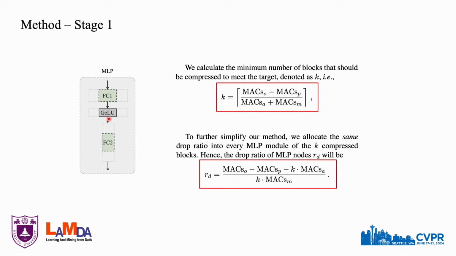Given a particular target compression ratio, we calculate the minimum number of blocks that should be compressed, denoted as K. We can also calculate the drop ratio of MLP nodes of corresponding blocks, denoted as R_K. We change the dimensionality of the intermediate result from 4D to 4D times (1 minus R_K), which finalizes the compression structure.